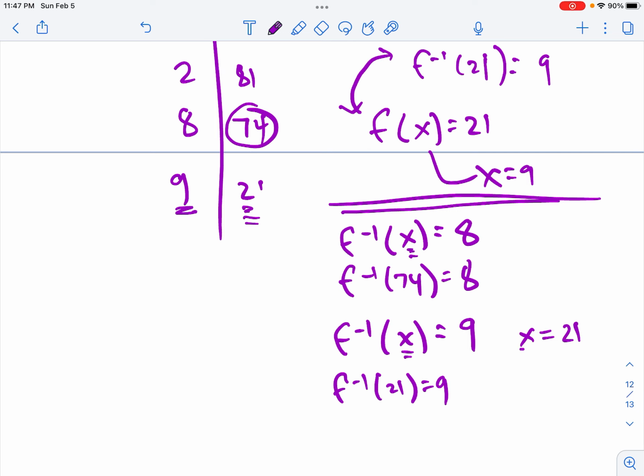Now, the letter x in this context just means something that goes into the inverse function. And the thing that goes into the inverse function is that 21. When I feed that to my inverse function, I get an output of 9. Okay, that's it for functions and their inverses.